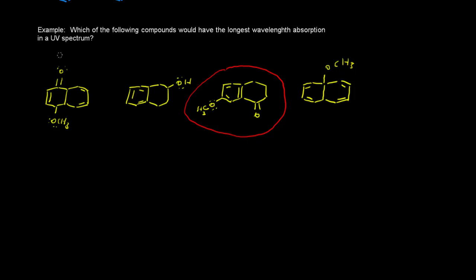In the first compound, we have 2 chromophores, the carbonyl and the carbon-carbon double bond, in conjugation with an oxychrome. And then, not in conjugation with that system, we have another conjugated diene on the other side of the molecule. In the second compound, we have an isolated benzene ring, so we'd expect its lambda max to be around 254 nanometers.